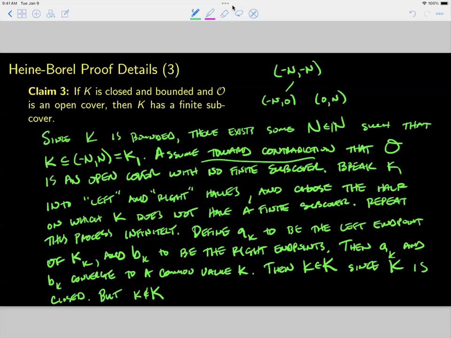So it must be that my little k is not in capital K. This is by construction.